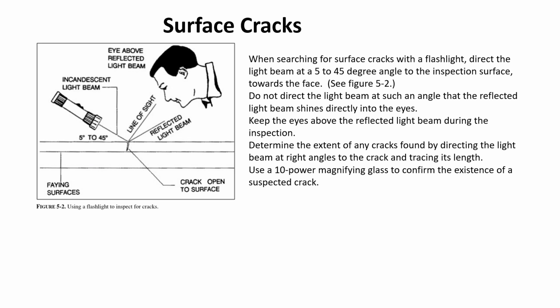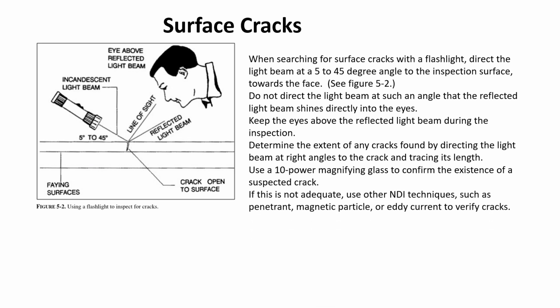And this is a general overview. Like I said, I cut it out of an old military manual. And if you can't find them or you're not able to do what you need to do with just visual, you might want to use dye penetrant testing, mag particle, or eddy current testing to verify the cracks.